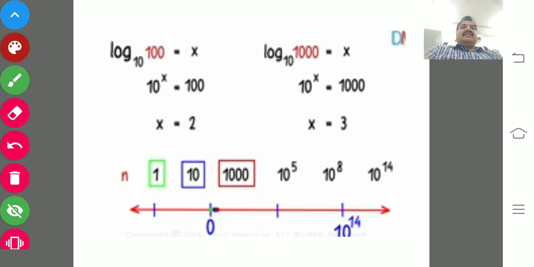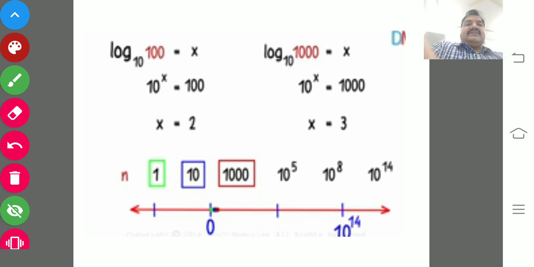If you place these values on a number line, the 10 value and the 1000 value are super close to 0. It's not possible. So if you want to represent them on a number line, you have to apply the logarithm values to them.